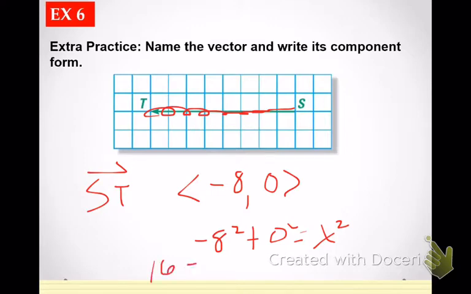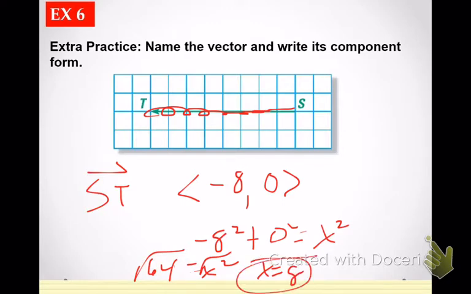So we get 16 equals x squared, square root, and so the magnitude would be 4. Wait, back up. Last time I checked, 8 squared is not 16, it's 64. And so the magnitude would not be 4, it would be 8. That makes more sense. Okay?